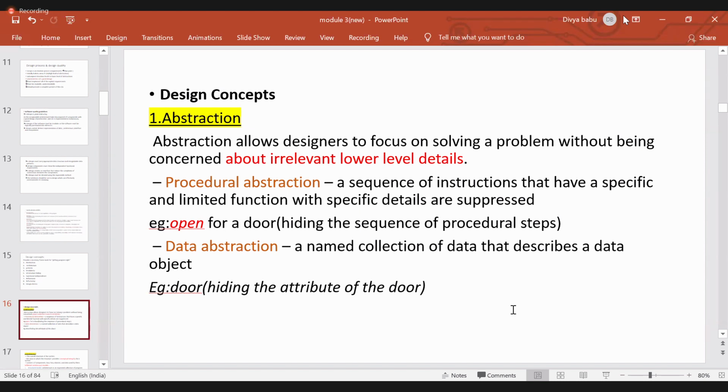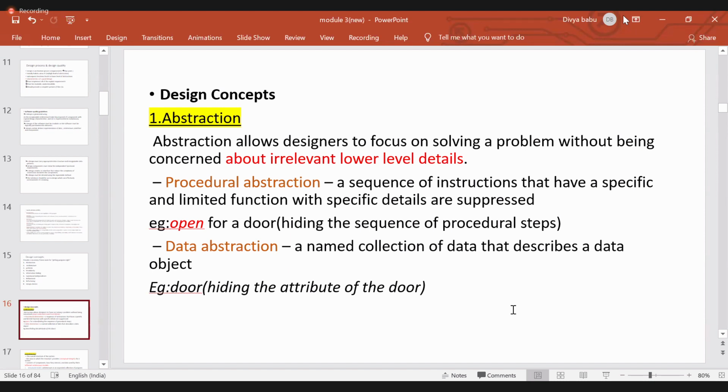Any reason? For example, open the door. This is an example of a procedural abstraction. Open the door, because of the verb open, but we never mention how to open the door. The procedures we simply ignore, because there is no need to explain those irrelevant details. It makes you more confused, right? So to avoid confusion, you can go for some hiding.